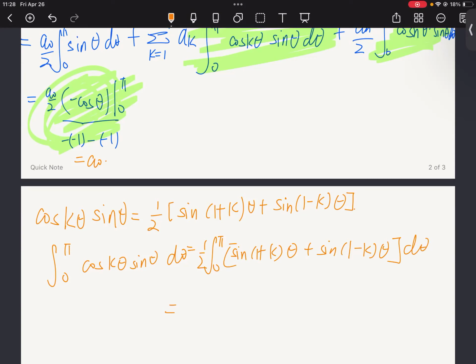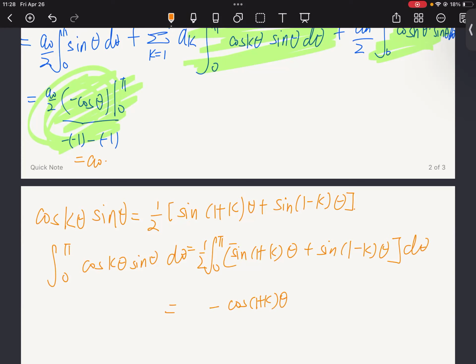So now, could you tell me what is the antiderivative for the first one, by using the chain rule? There's some chain rule here. So it should be negative cosine (1 plus k) theta. Is there anything else we need to put here? If you take the derivative of this function, it should be sine (1 plus k) theta, and then you need to take the derivative of the 1 plus k theta as well.